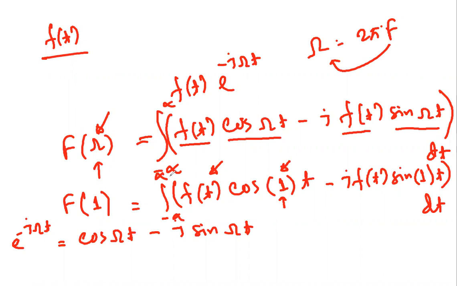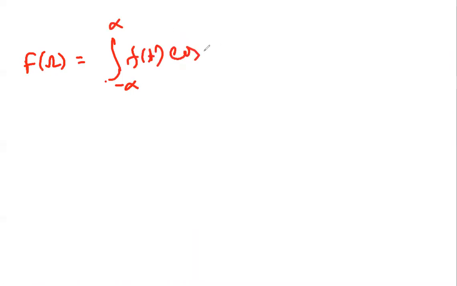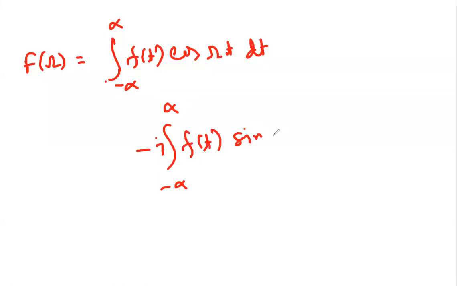Now if I write it more precisely, we can divide F(omega) into 2 parts: the integral from minus infinity to plus infinity of f(t), your unknown signal, times cos omega t dt, minus j times the integral from minus infinity to plus infinity of f(t) sin omega t dt.